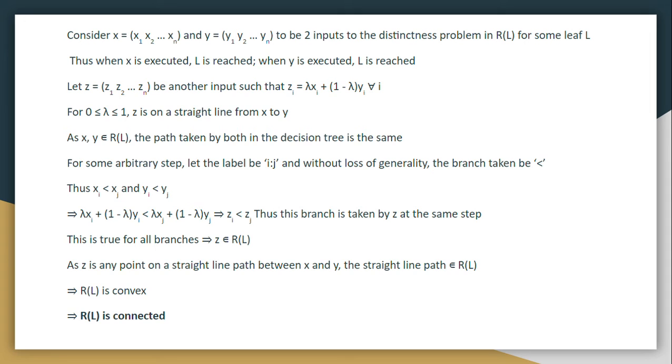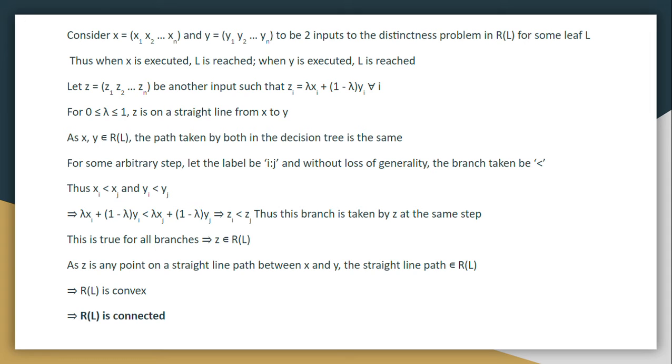So now we know both the points x and y reach L in the decision tree. Therefore, x and y belong to RL. At some arbitrary step in the decision tree, let the label be ij, and without the loss of generality, let's take that the branch which is taken at that step is the less than branch.